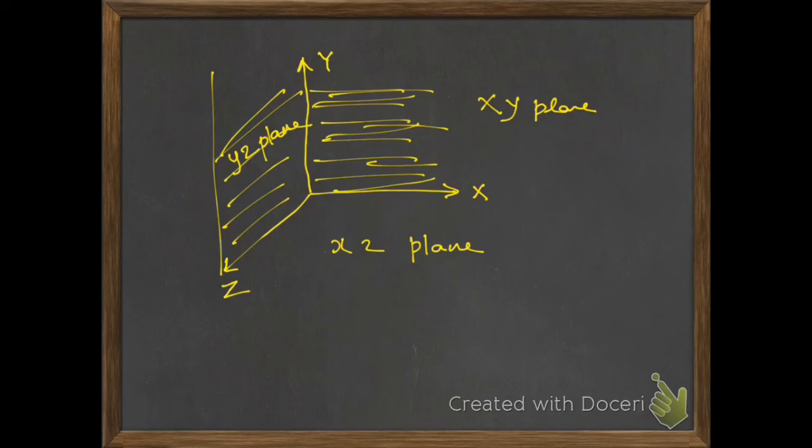So if you have a point, say for example 1 0 2, so you go 1 unit, let me show it in red color. You go 1 unit, then you go 0 units and come 2 units along the z. Can you see the point is here? So naturally it will lie on the xz plane. So the x-axis and the y-axis taken together determine a plane known as the xy plane.